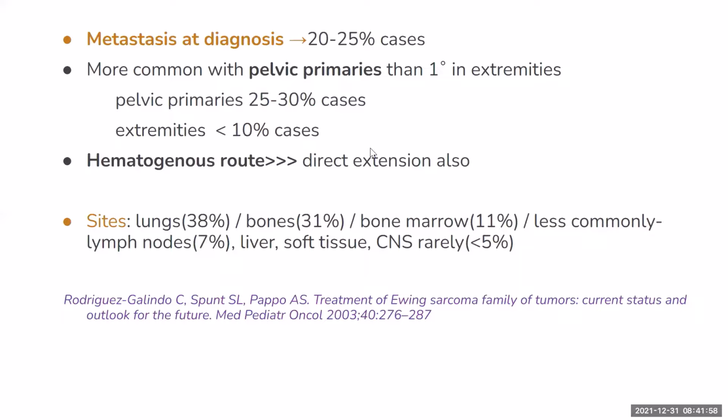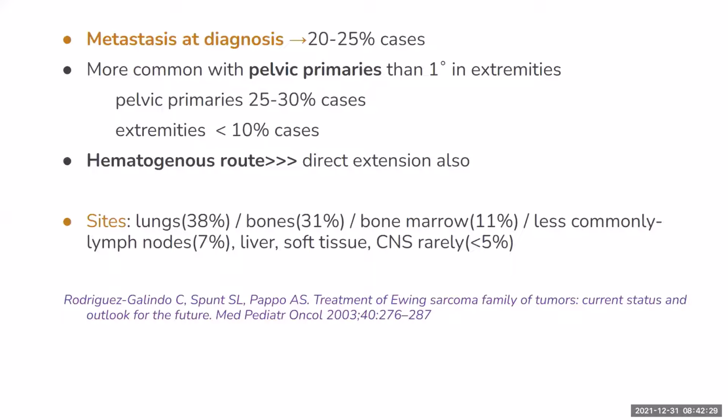Metastasis at diagnosis is found in around 20 to 25% of patients. There is a role of giving neoadjuvant chemotherapy in these patients before planning a localized treatment.